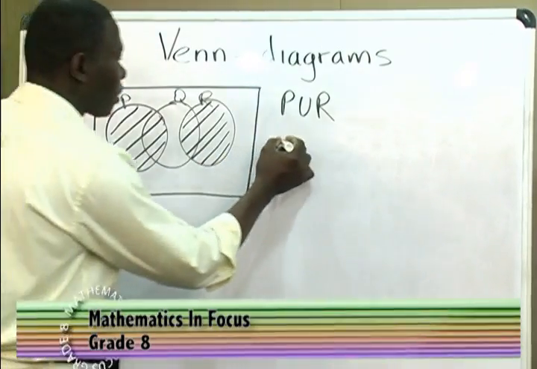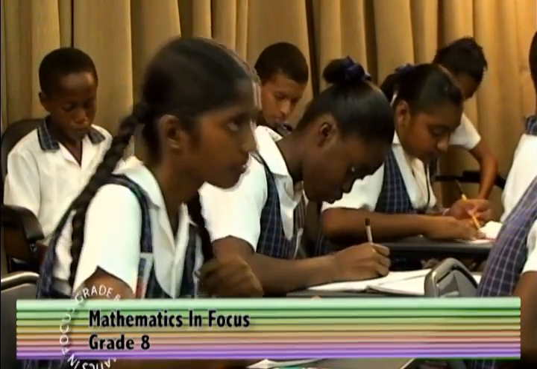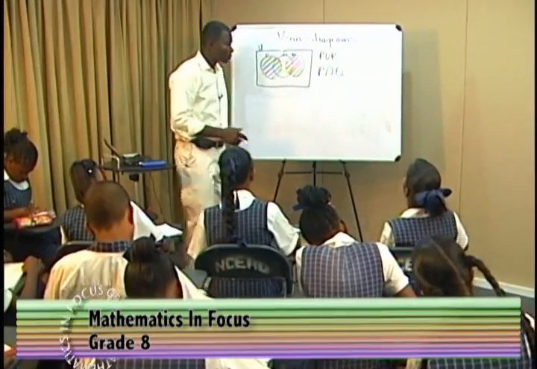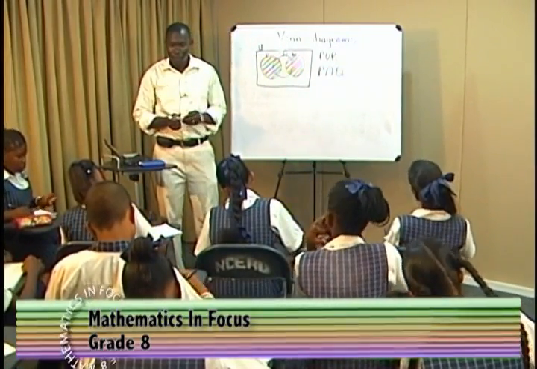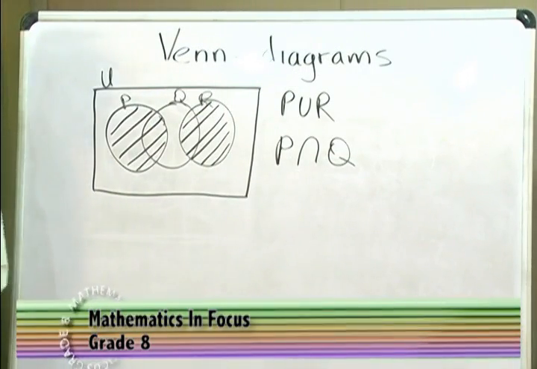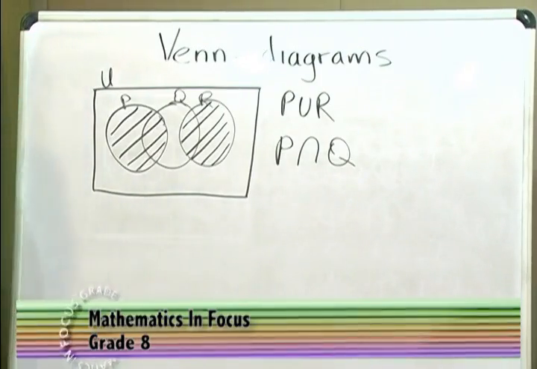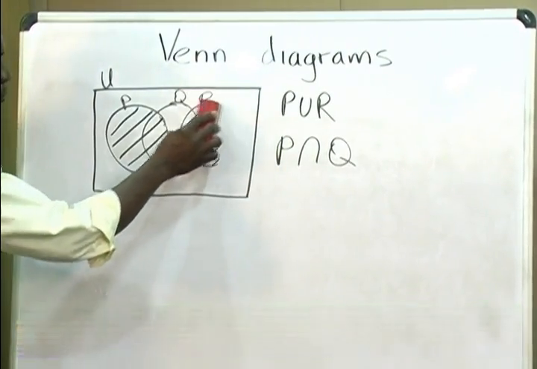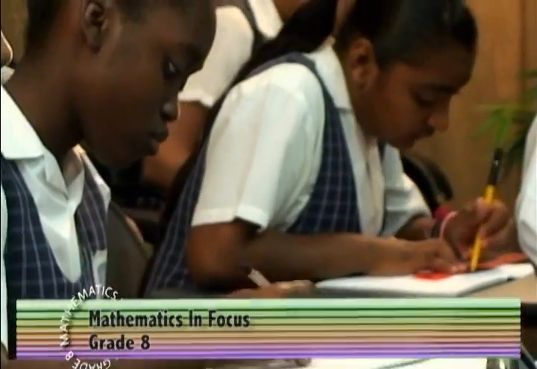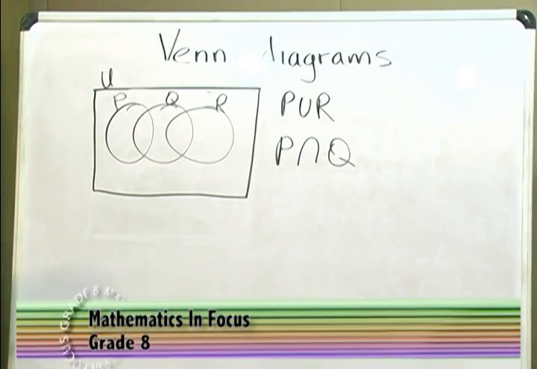Second one. What is this saying? P intersect Q. Yes, correct. P intersect Q will be which region?